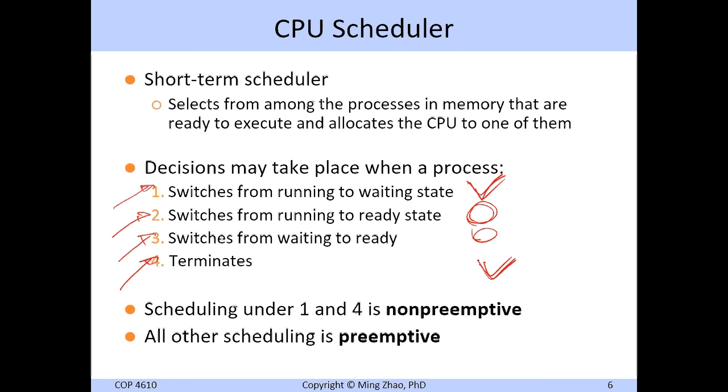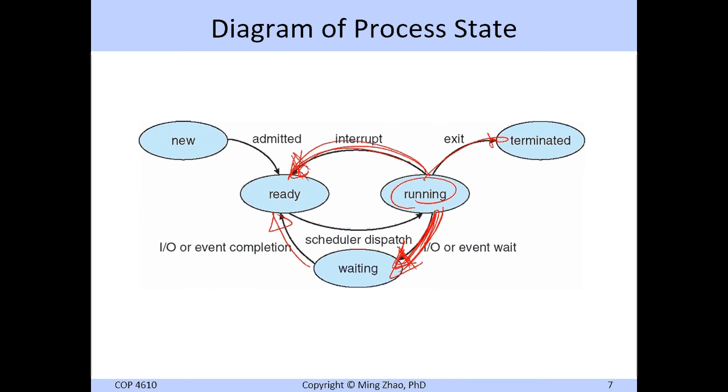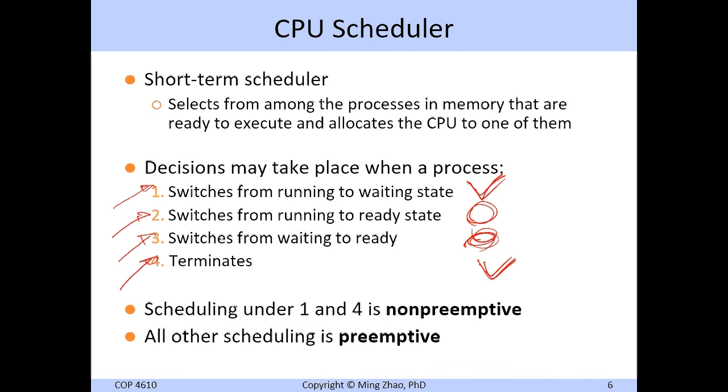Under case 3, that's when the process that was waiting on the event or I/O completes. Now that event or I/O has completed, that signal also gives the OS an opportunity to make a CPU scheduling decision. That decision would force whichever process was running on the processor to leave, and bring a potentially different process back to the processor. So case 2 and case 3, we call preemptive.